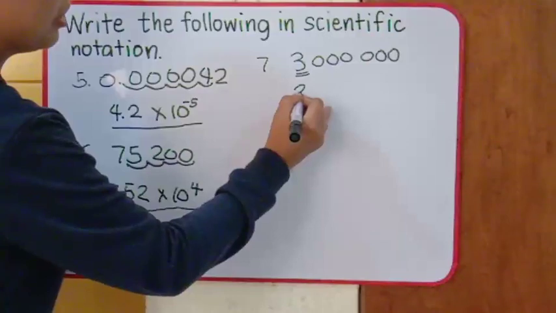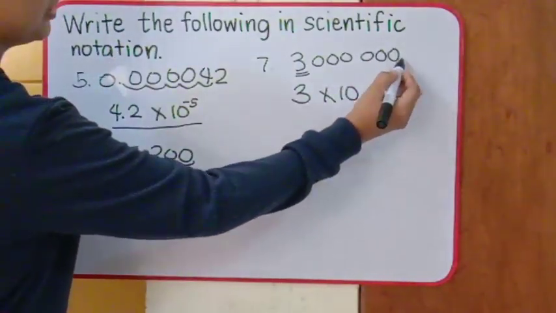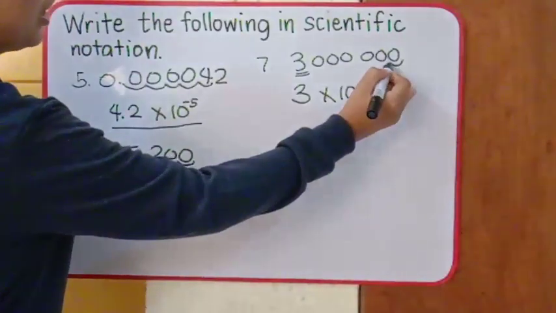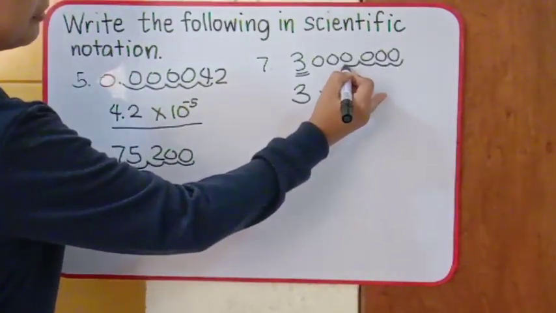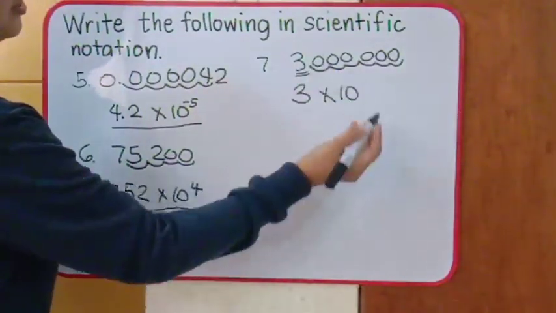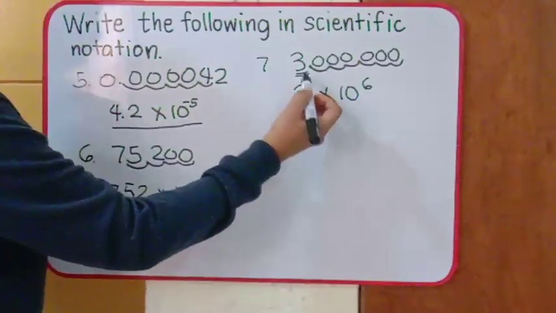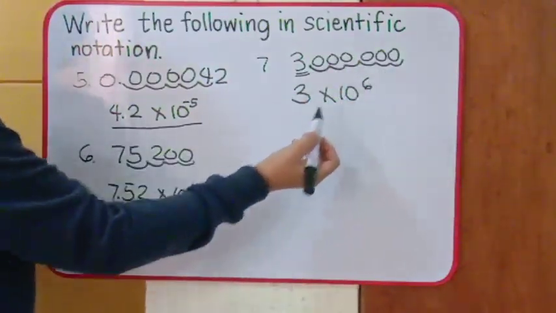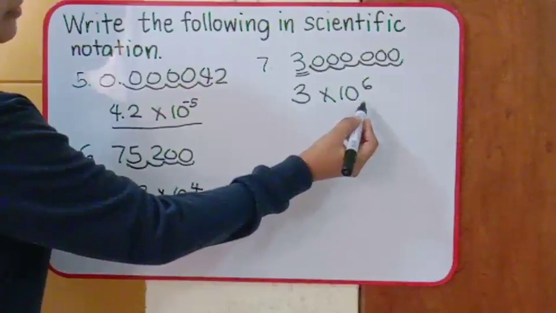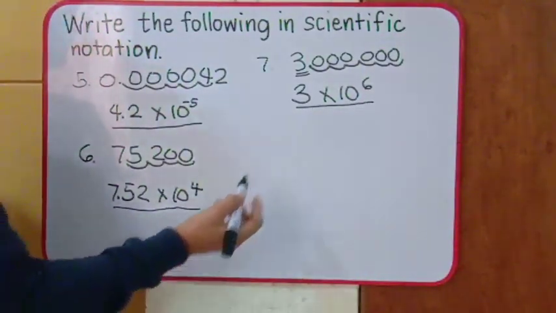So we can use the value of A as 3 times 10 raised to, so let us count the decimal places, 1, 2, 3, 4, 5, 6. So we have here 10 raised to 6. So positive because we are changing a whole number to scientific notation. So 3 million in scientific notation is 3 times 10 raised to 6.